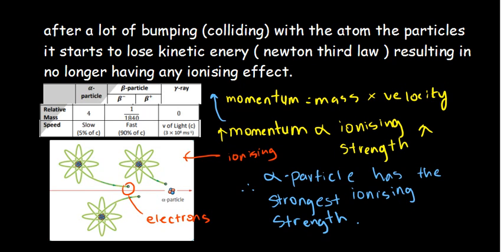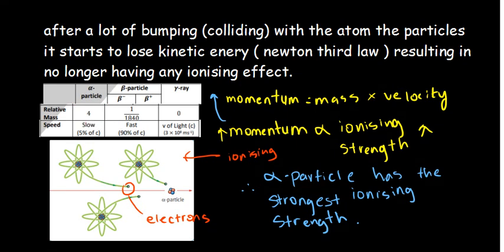So what I'm saying here is the higher the momentum of the radiation particle, the higher the ionizing strength. And we know that momentum is equal to mass times velocity. So looking at this information, and after doing the calculation, you should know that the alpha particle has the strongest ionizing strength because it has a very high mass.